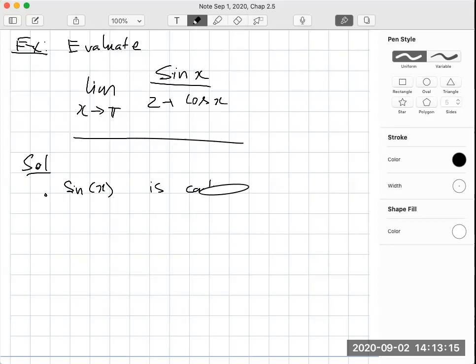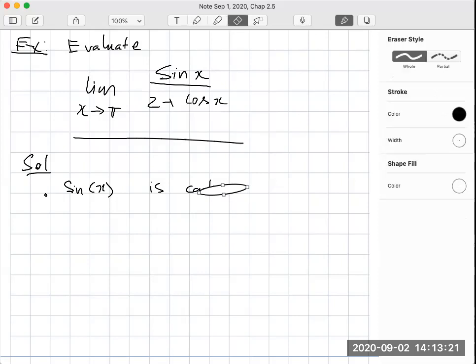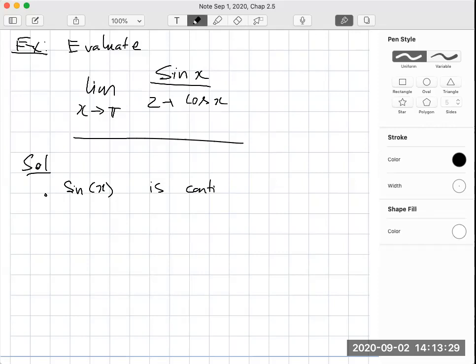From the previous theorem. And cosine function is also continuous at this point.